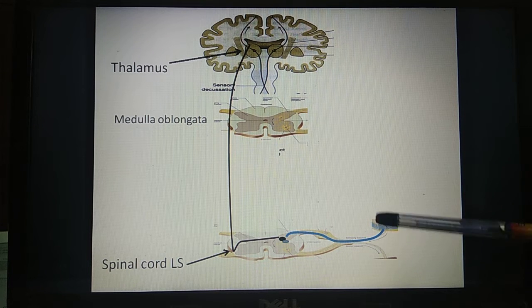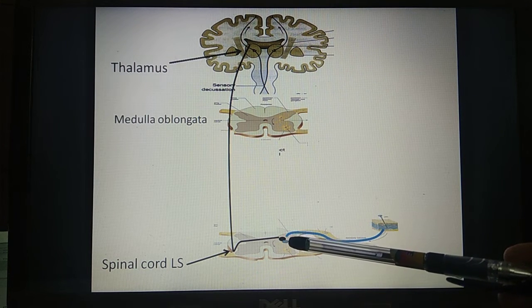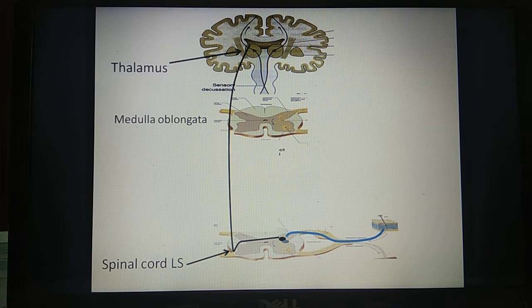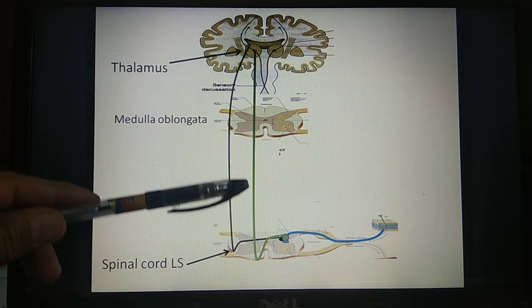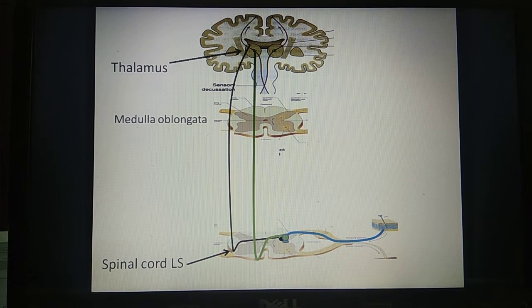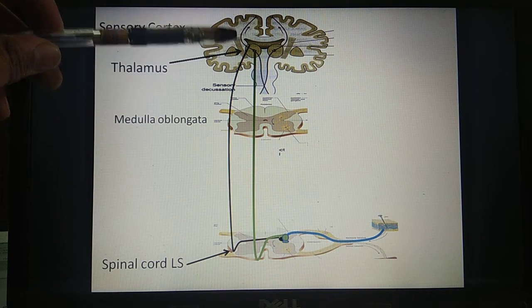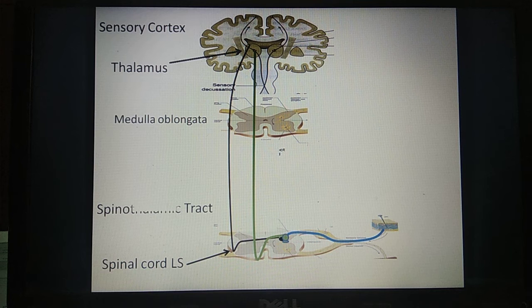Similarly, one more sensory relay neuron arises. Now this tract arises and goes anteriorly up to the thalamus. From there, fibers arise and go to the sensory cortex.